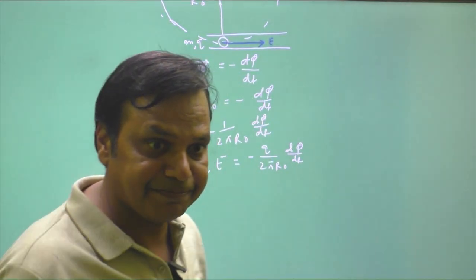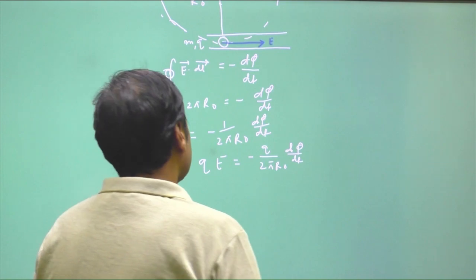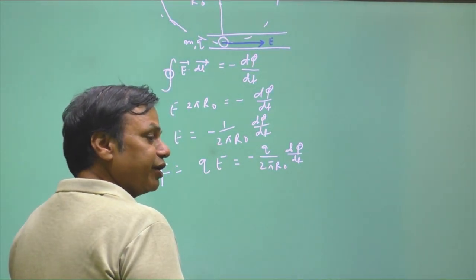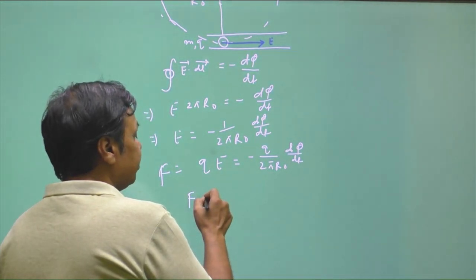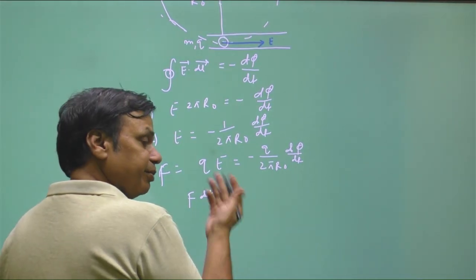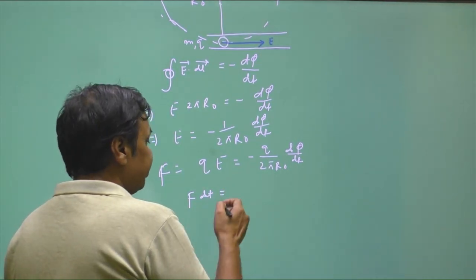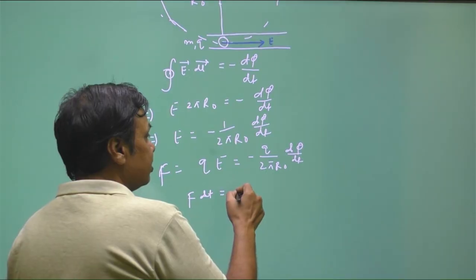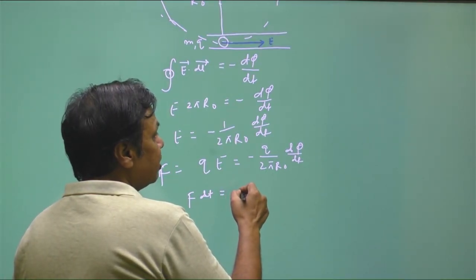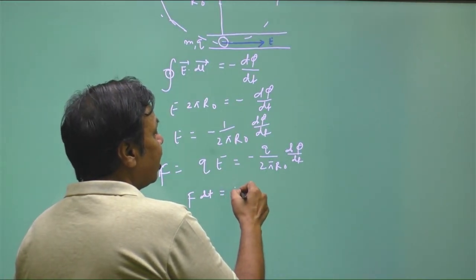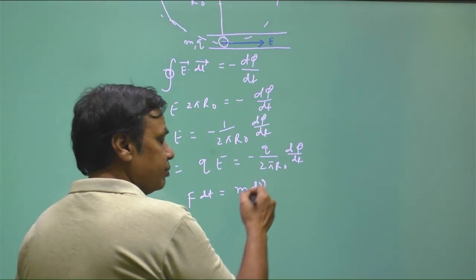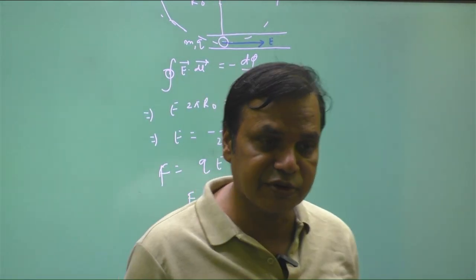and this force is going to produce an impulse for a very small time interval dt, so that we can write the impulse momentum theorem F dt equals m dv.